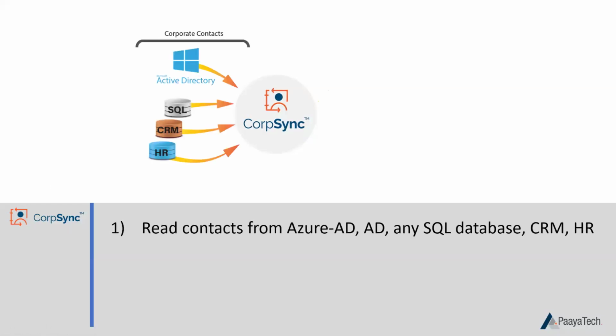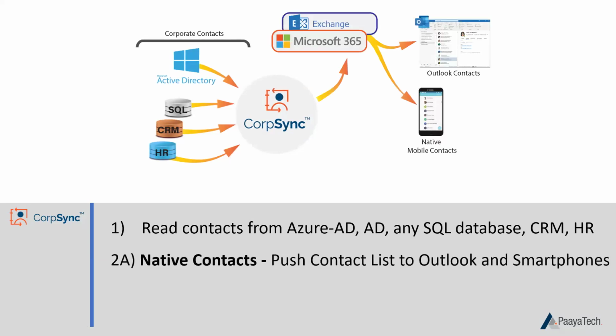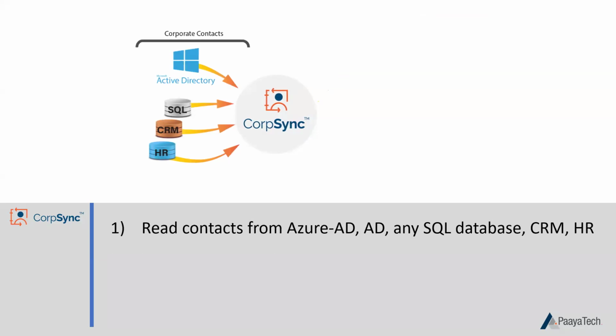As a solution, CorpSync automates the process of capturing contact information and pushing it to Outlook, mobile devices, and Teams. It can collect contacts from your Active Directory, your SQL database, and even the CRM or HR system, and it integrates with Exchange 365 or Exchange on-prem.